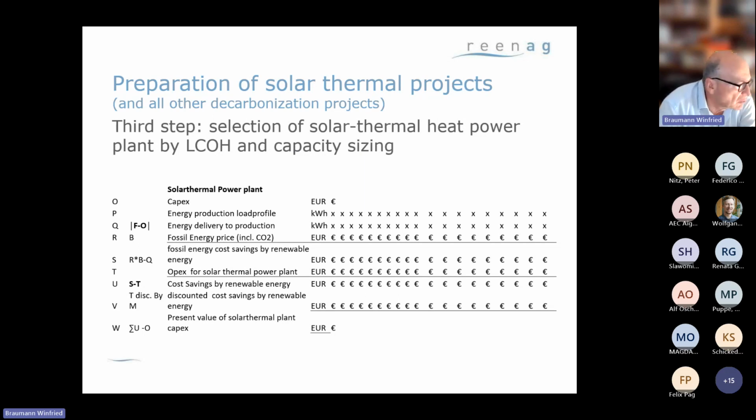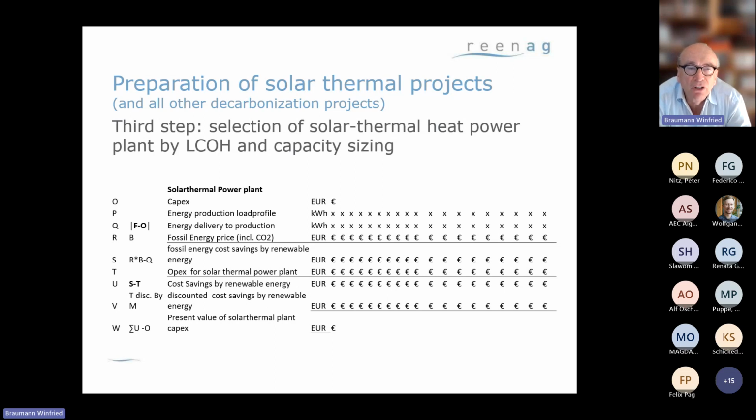So there is some similarity with calculating a present value of the investment, but this time we would like to find out the figure for the kilowatt hour produced over the lifetime. The power plant solution with the lowest levelized cost of heat should provide also the lowest cost solution if its energy generation capacity is fully used by the production unit.